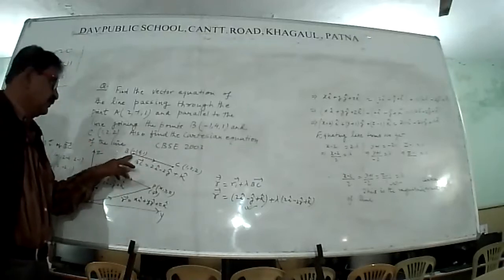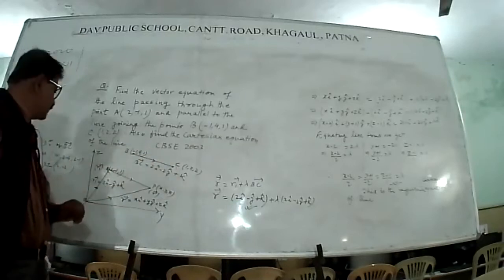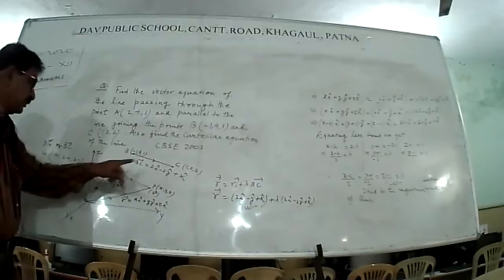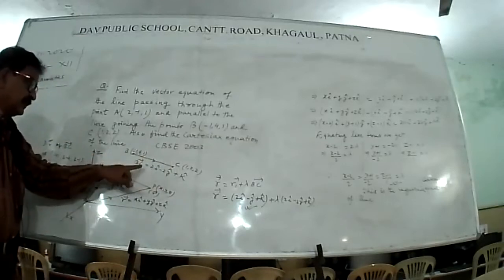So therefore, 1 minus minus 1, that is 2, and so on, are the direction ratios of BC.